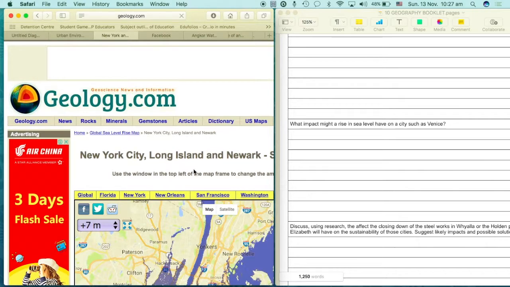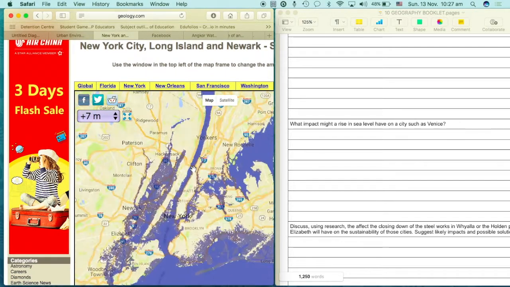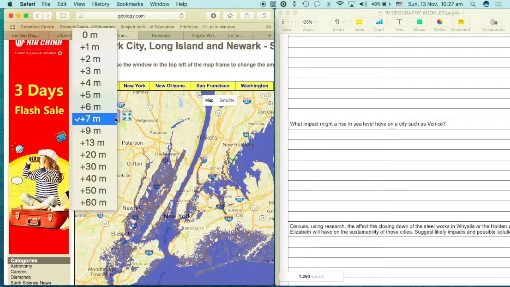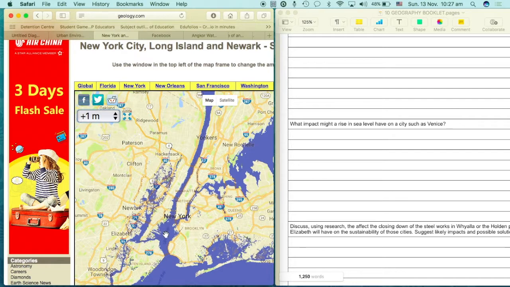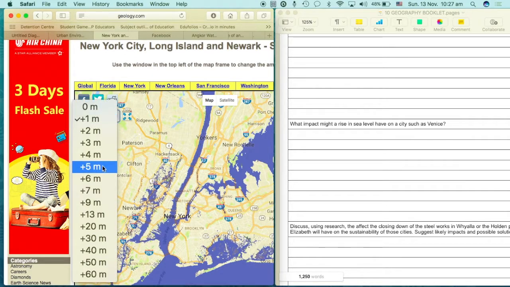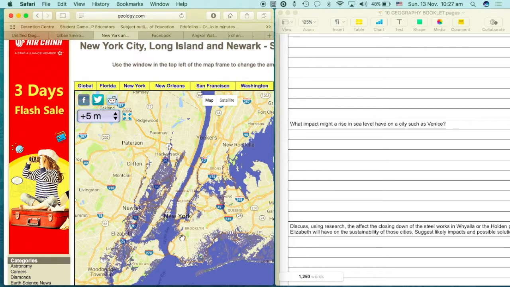Now, I was actually looking for this in last week's video, but I couldn't find it because they do actually have a similar map for New York. So once again, we can change the sea level rise. So even if the sea level rose a metre, you can see that there are areas here of New York that will be flooded. And if we go to the 5, then there's a lot more.